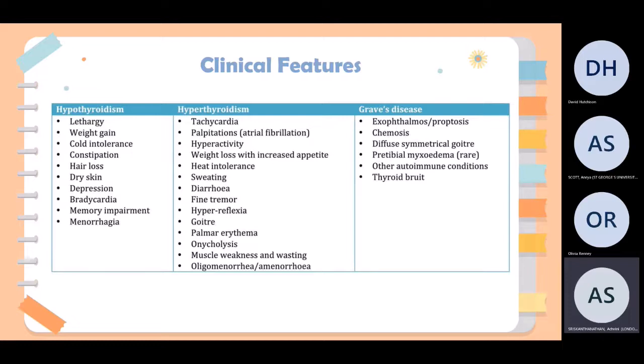So just imagine this massive mass in your neck. So that's going to affect various different things, so your voice and breathing as well. Pretibial myxedema, which is quite rare, but if you've got a severe disease, you will get that sign. And any other autoimmune conditions are linked to Graves. And you can also hear the thyroid bruits as well.